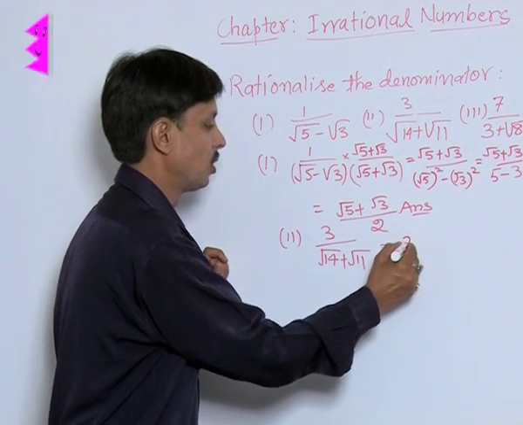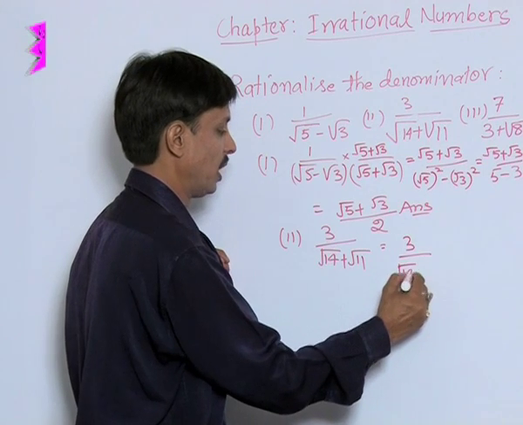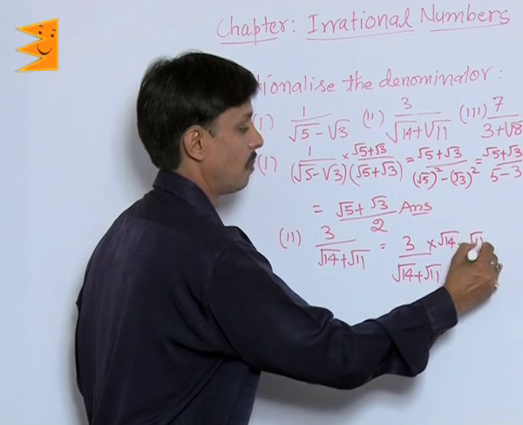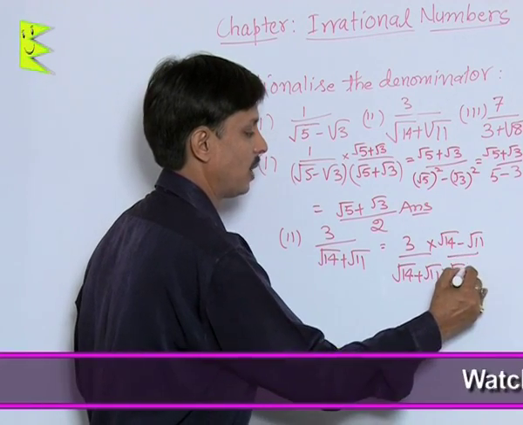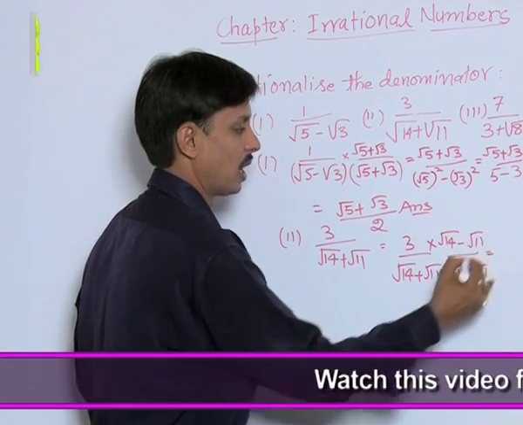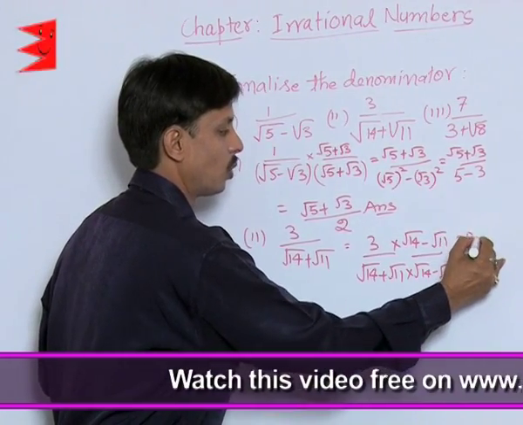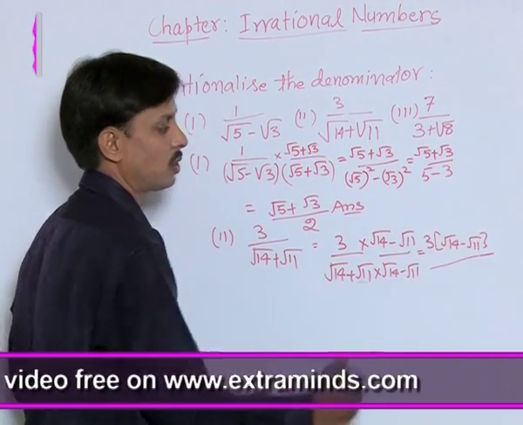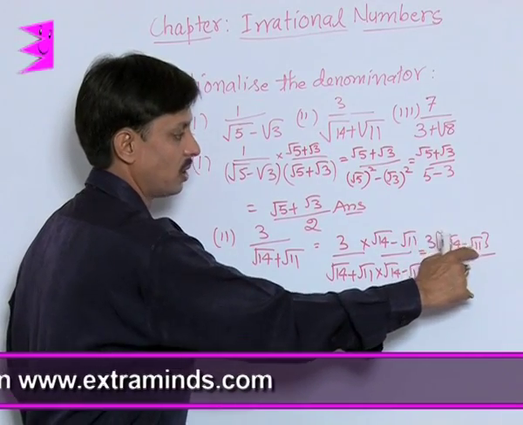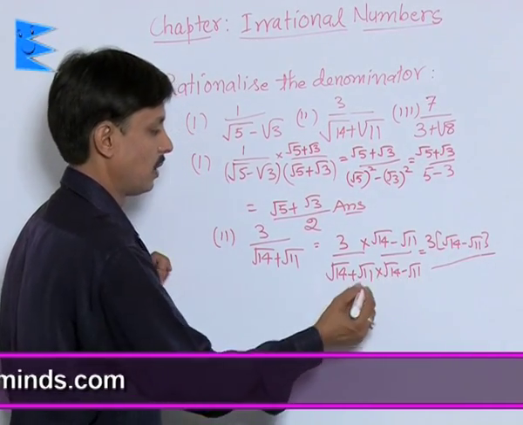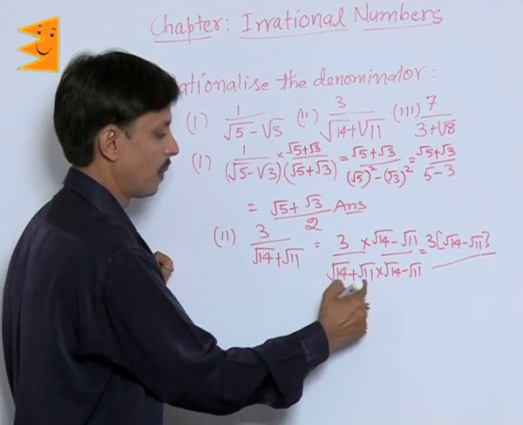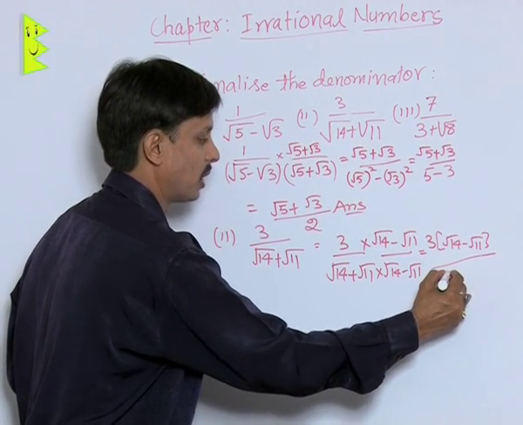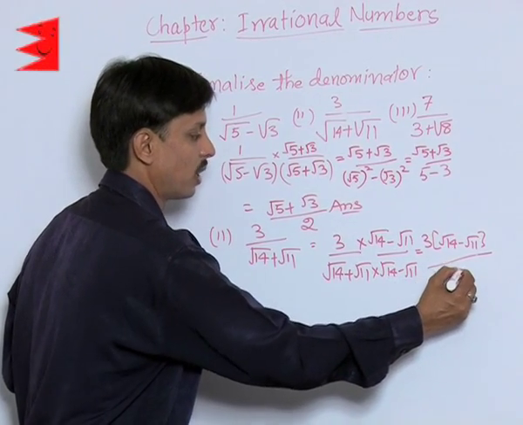So this becomes 3 upon root 14 plus root 11 multiplied by root 14 minus root 11. The numerator becomes 3 into root 14 minus root 11. You cannot subtract root 14 minus root 11, because this is 14 and this is 11, these are not like terms. The denominator is a plus b, a minus b, which becomes a square minus b square: root 14 square is 14, root 11 square is 11.